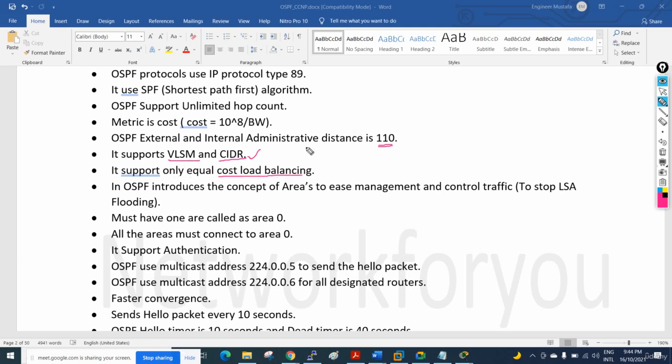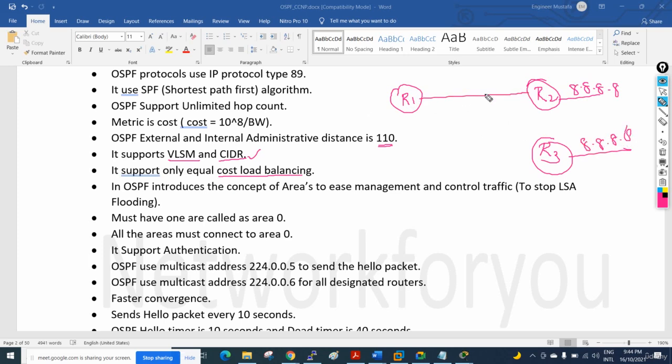When we have two routers, for example, I have one router here, another router here, and one more router here, and I am getting some network here, for example 8.8.8.8, and I am getting this same network from two different routes. If the cost is the same on both sides, for example cost here is 1, here is 1, then OSPF will do load balancing.